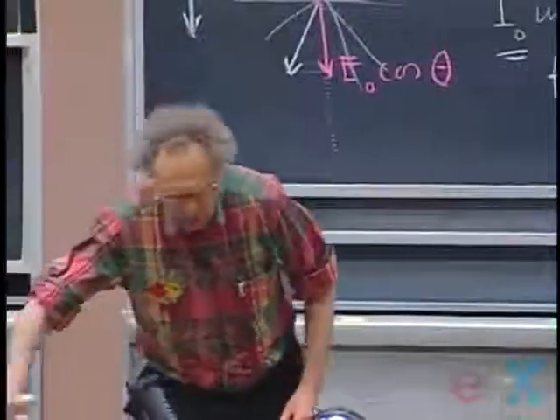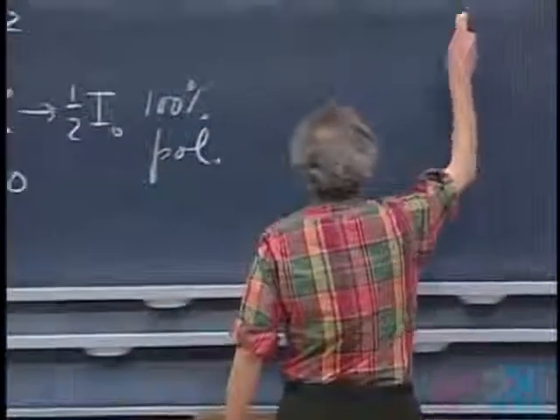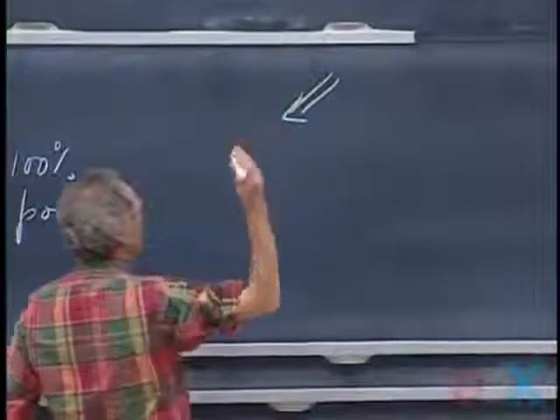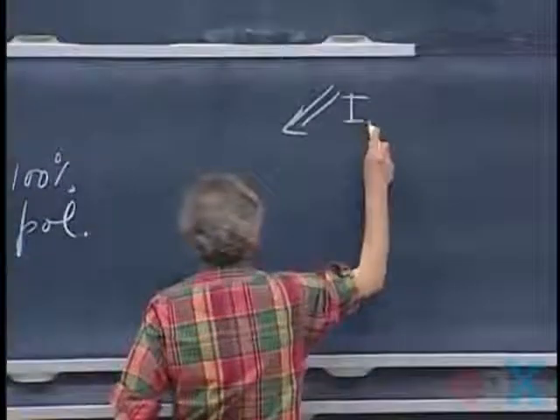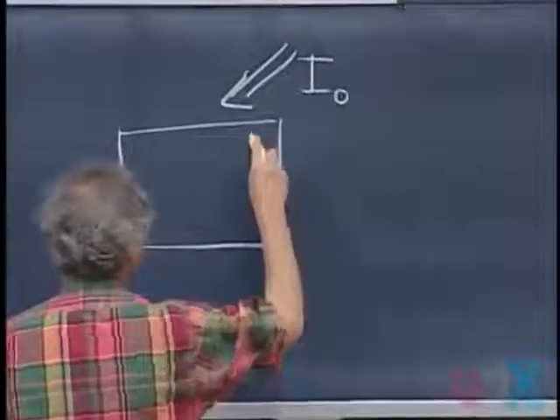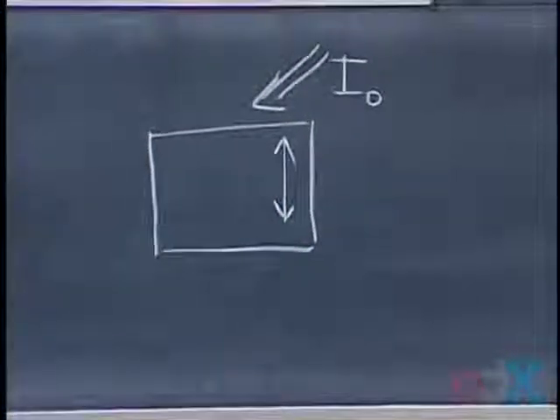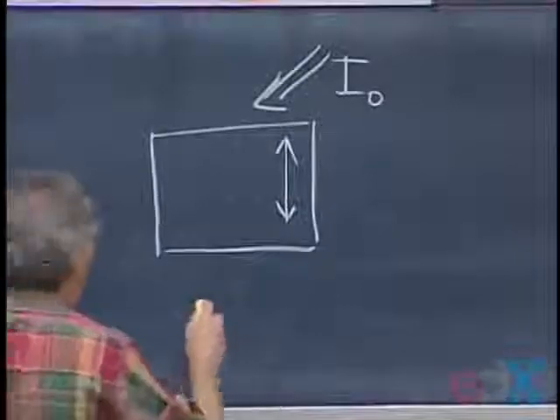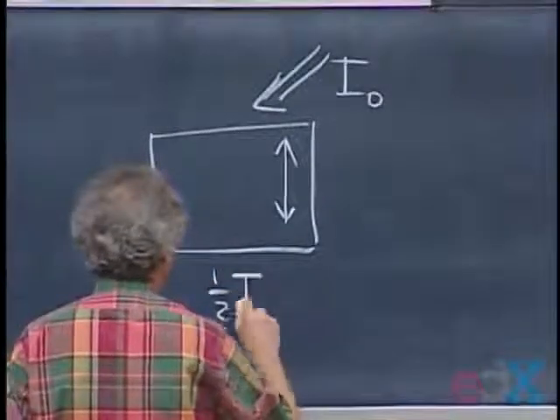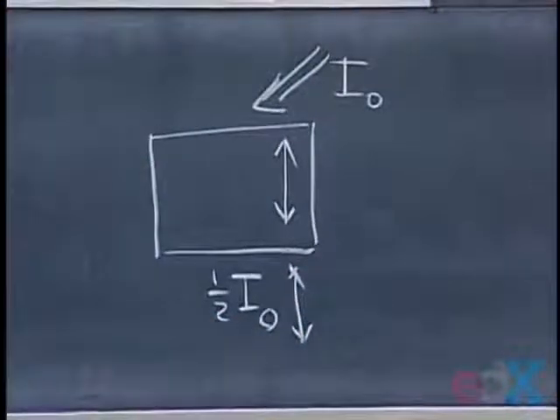So what I will do now, I will take unpolarized light, and I will have this light coming straight out of the blackboard, perpendicular to you, with strength I0, and here is one of my polarizers, and the light that comes through here is linearly polarized in this direction. And so we already know that 1/2 I0 will come through if it is an ideal polarizer, and it is polarized in this direction.